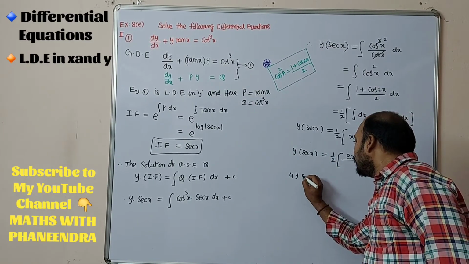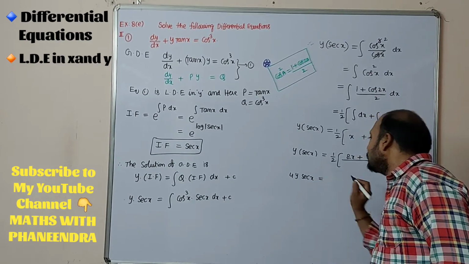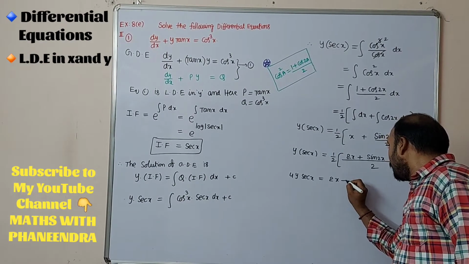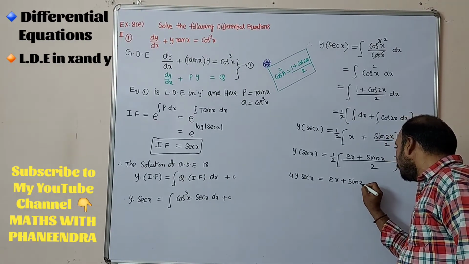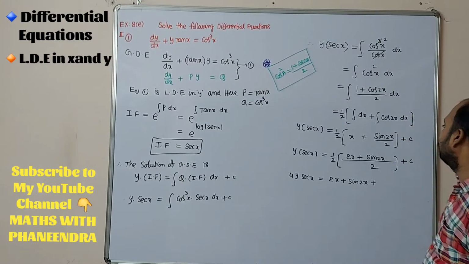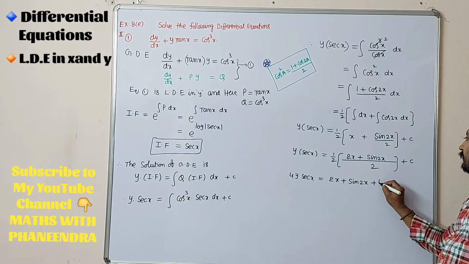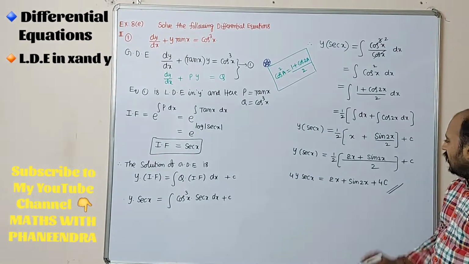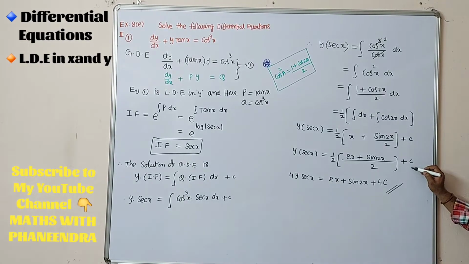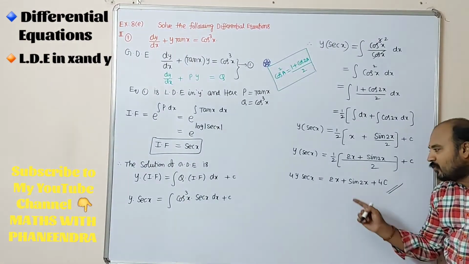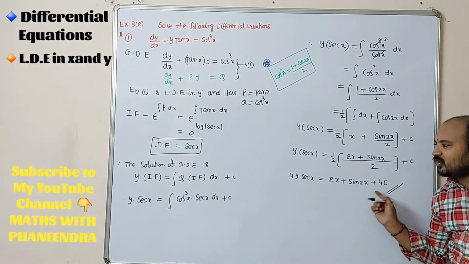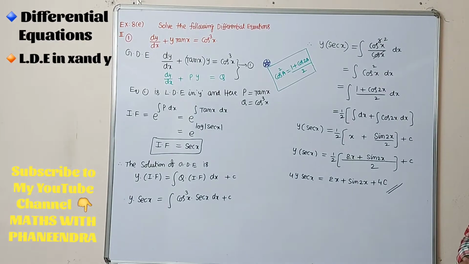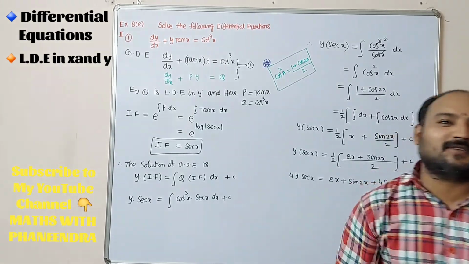So 4y secant x is equal to 2x plus sine 2x plus 4c, which is anyway a constant. Even till this step it is the correct answer. If you want to simplify more, sine 2x is 2 sine x cos x, we can do that also. I hope you understand now. We'll move on to the next question.